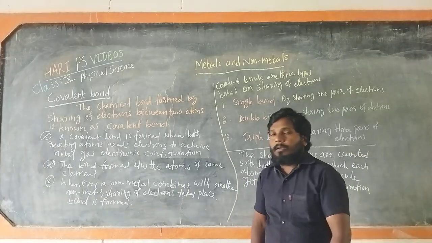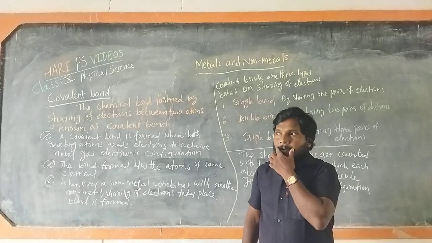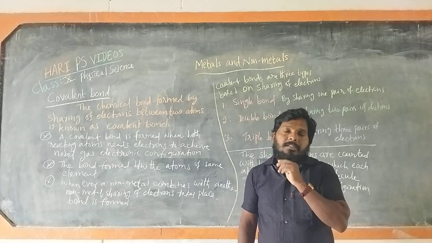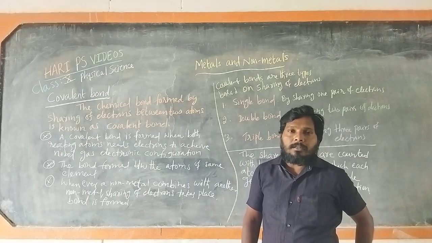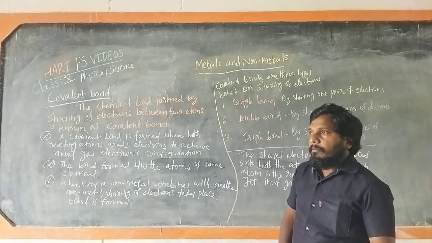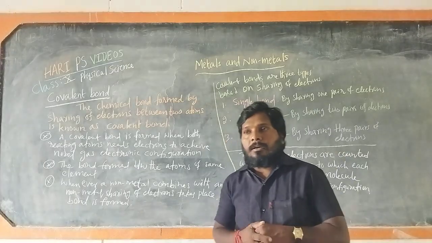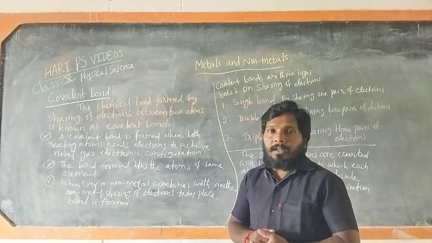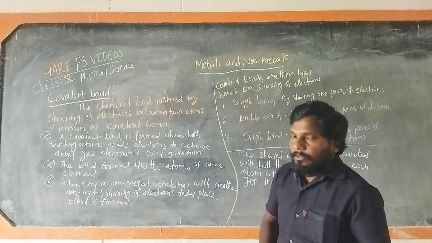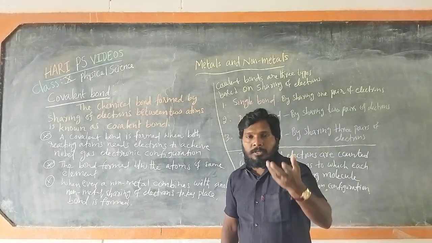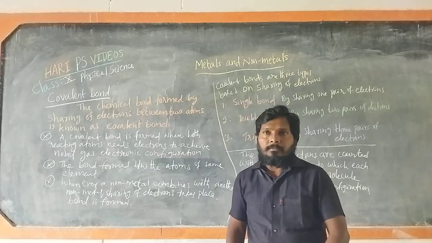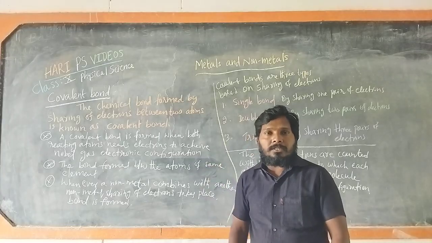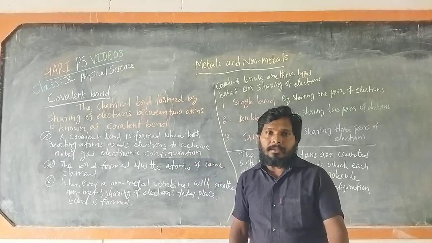As earlier we discussed, ionic bond is formed between the two atoms or the elements when electrons are transferred. One atom transfers the electron to another atom. So one atom loses the electron and forms a positively charged ion, called cation.